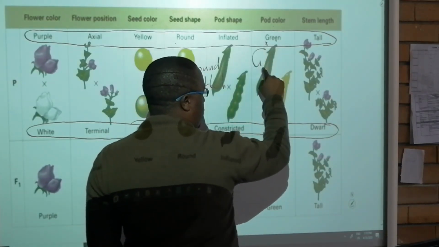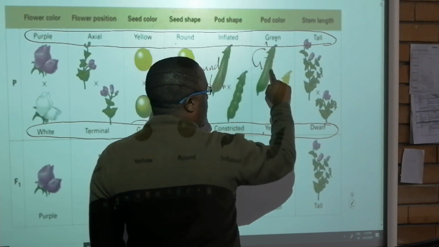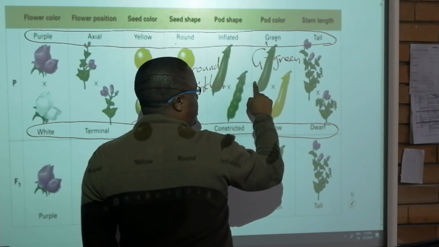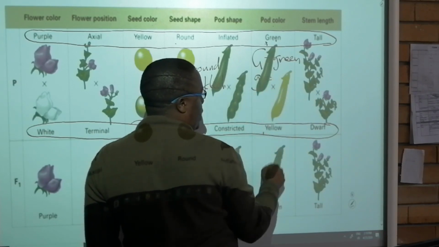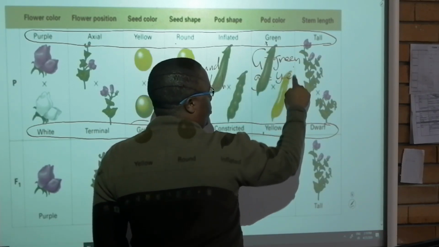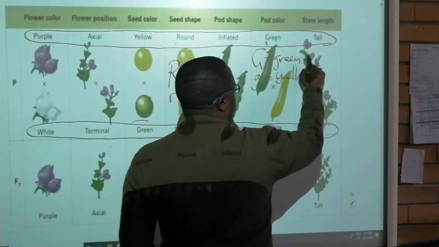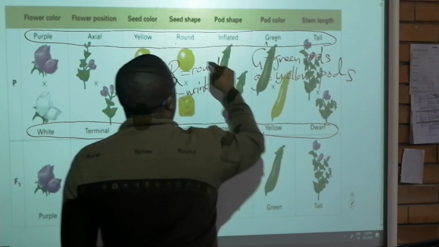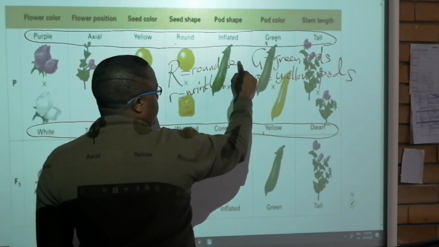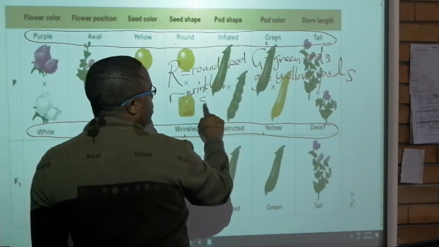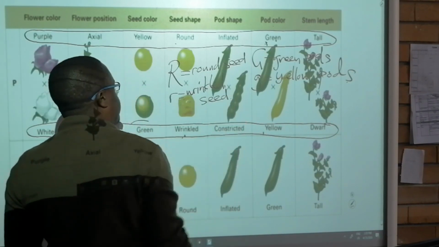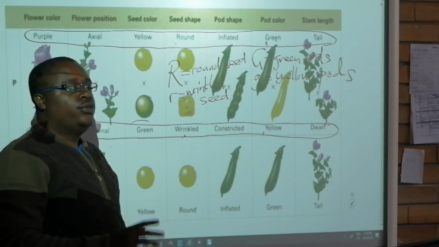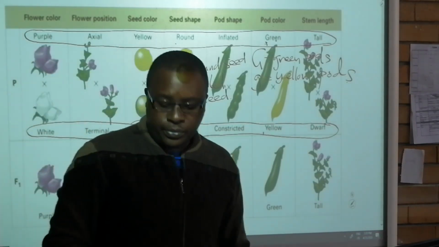So capital letter G will mean the allele for green, and small letter g will stand for the allele for yellow pods. Green pods and yellow pods, round seeds and wrinkled seeds. I would love you to go and do the other ones.